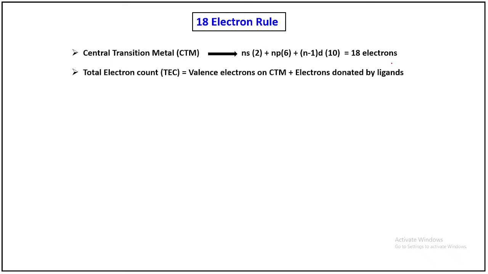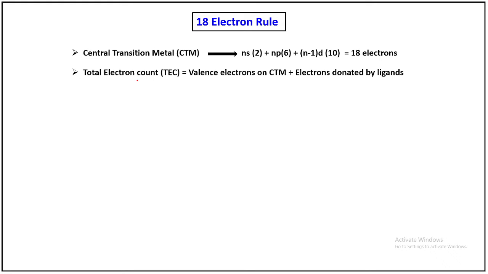So how to find out which metal atom in a particular complex follows 18 electron rule or not? This can be found out by counting the total electrons. How to count it? The equation is very simple. For getting the total electron count, we can add the valence electrons of the central transition metal plus electrons donated by ligands. So the first term, valence electrons of the central transition metal.